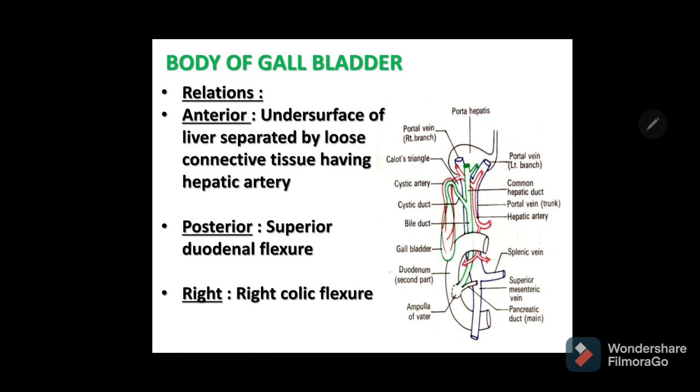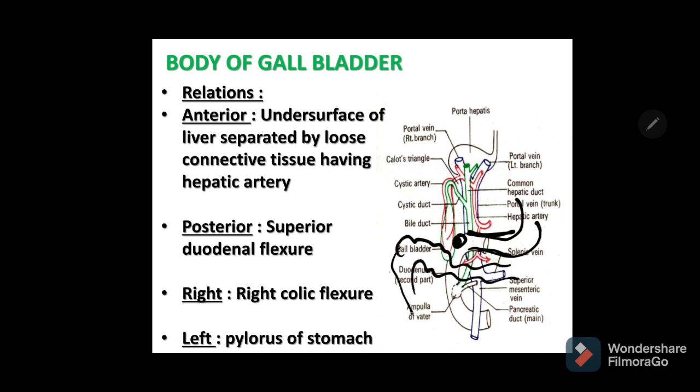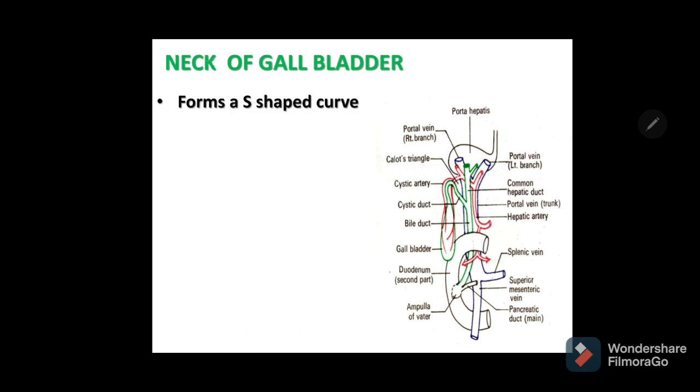And to the left, you will notice the pylorus of the stomach. So, posteriorly superior duodenal flexure, to the right right colic flexure, to the left pylorus. Anteriorly the undersurface of the liver. So these are the relations of the body of the gallbladder.